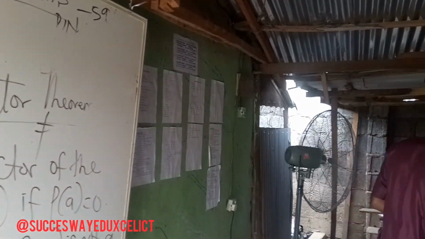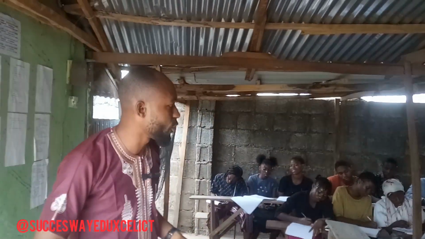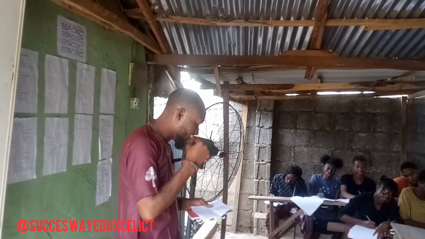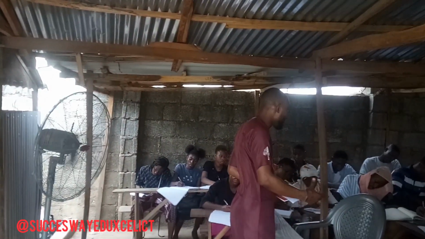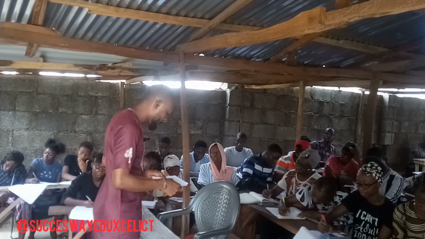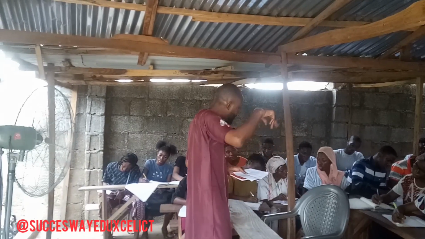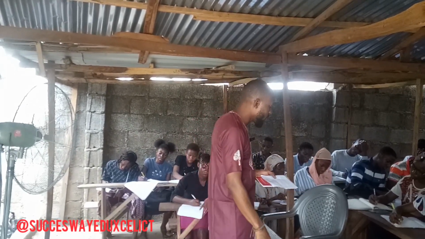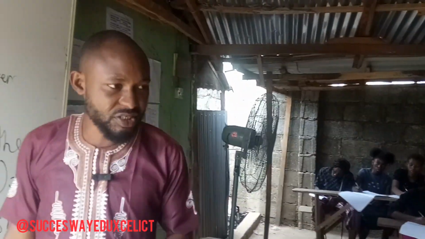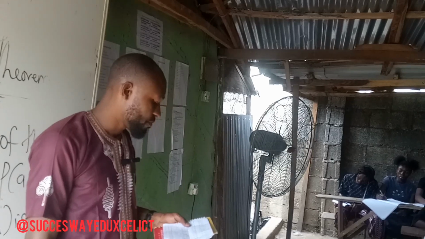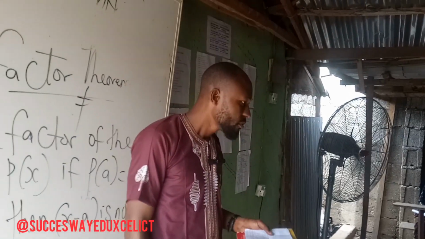Question 1. Which of the following are factors of P of x? Are we together? P of x is equal to x cubed minus 6x squared plus 11x minus 6.